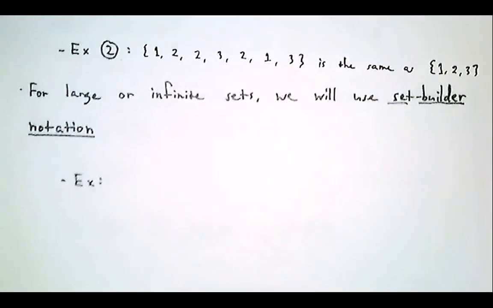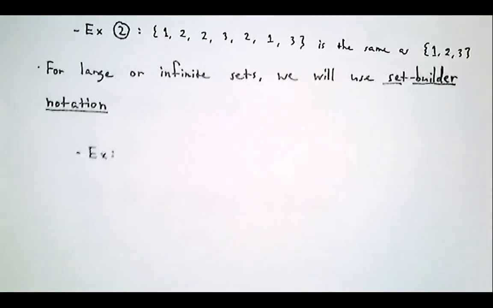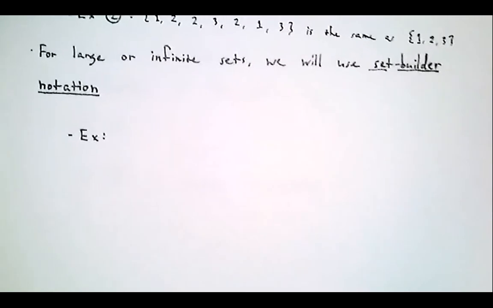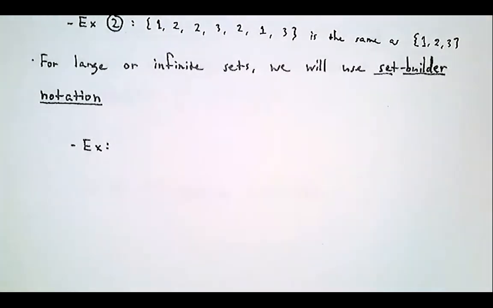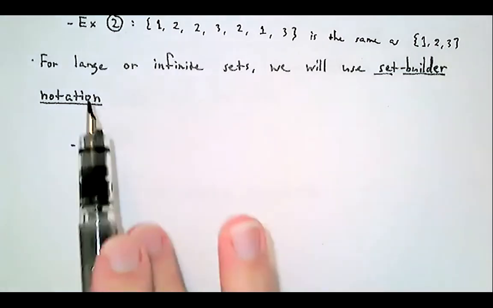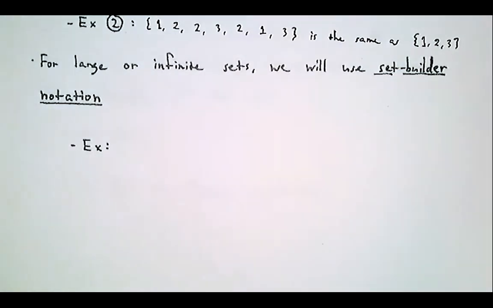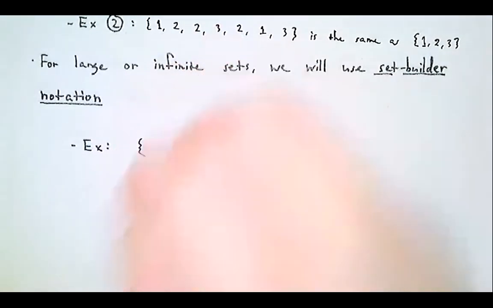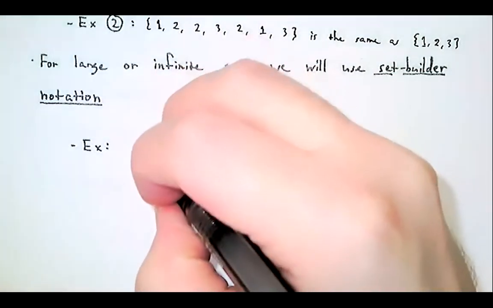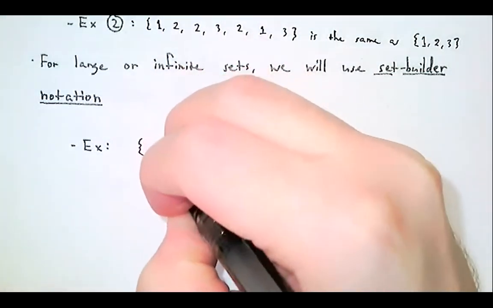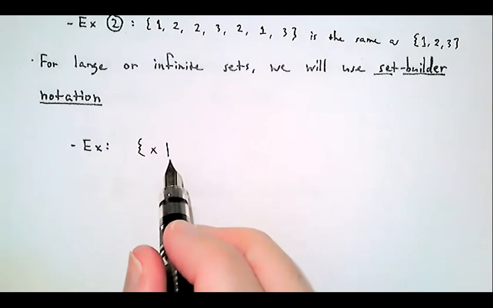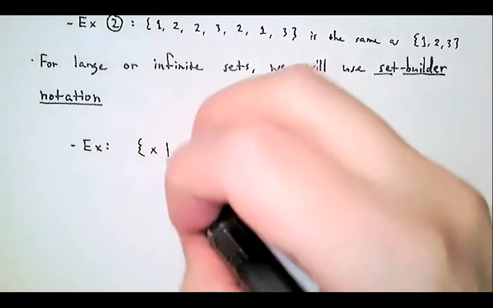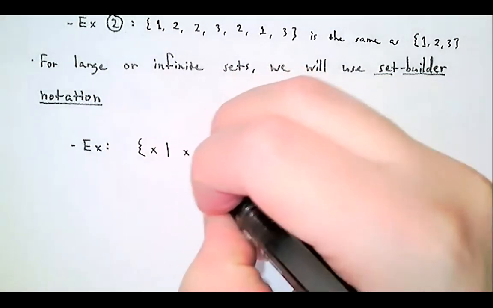So we need some other method that we can use when we have those larger sets. And that's something called set builder notation. I can just write down an example and then explain to you what it means. So we have X, and then I put a vertical bar, and then I'm going to write.